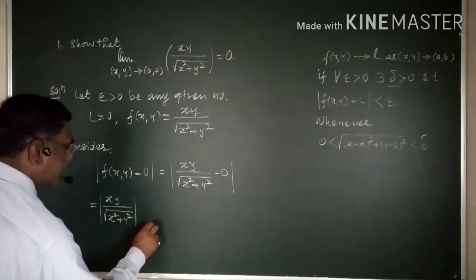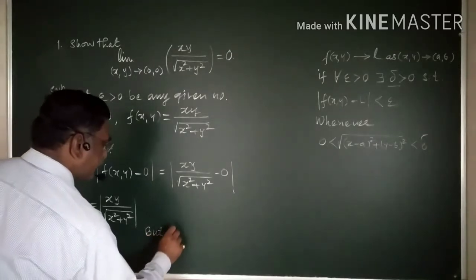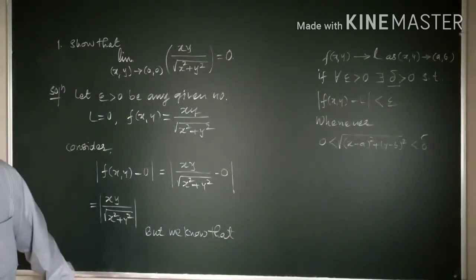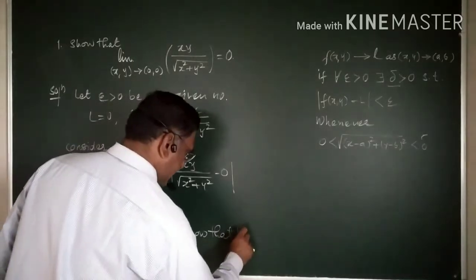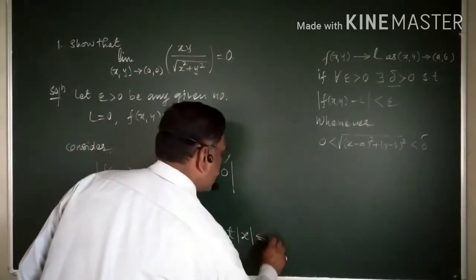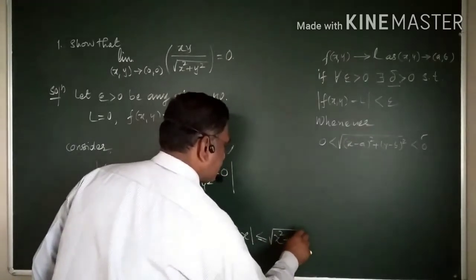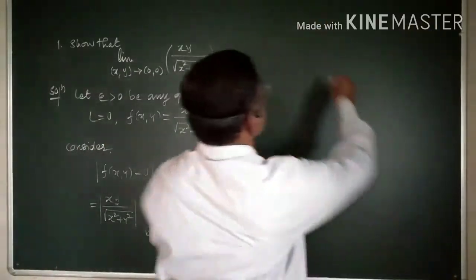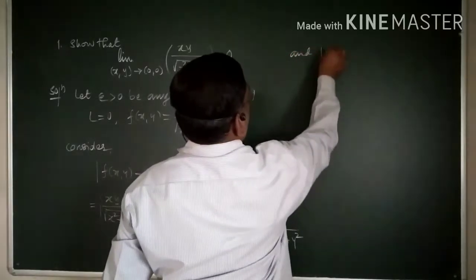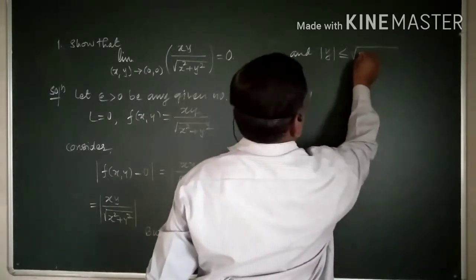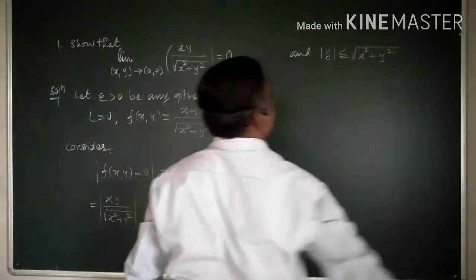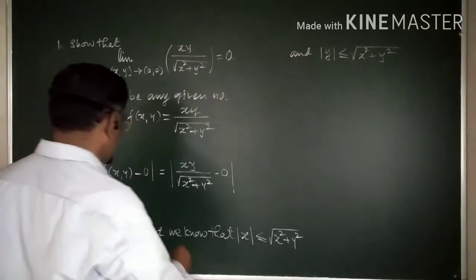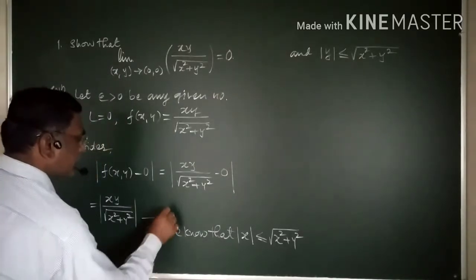But we know that the absolute value of x is always less than or equal to root x square plus y square, and the absolute value of y is also always less than or equal to root x square plus y square. Let us call this 1.